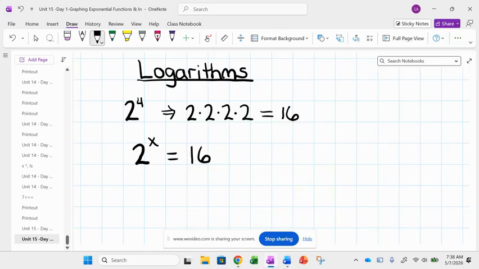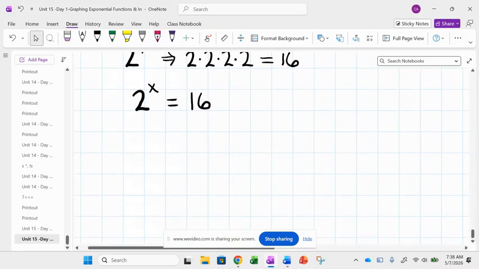So essentially, what logs do is ask you, what power do I need to raise this 2 to get 16? And we can all solve this pretty easily, right? The 4th. We know this. We can solve this easily. They're not always going to be so easy to solve for.